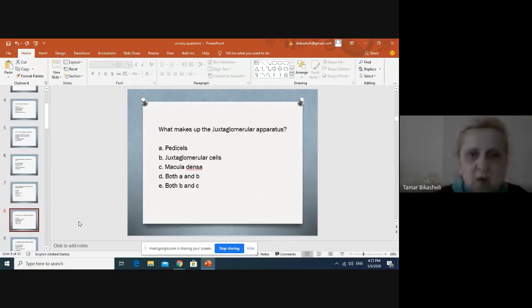Okay, next. What makes up the juxtaglomerular apparatus? Pedicels, juxtaglomerular cells, macula densa, both A and B, or both B and C?